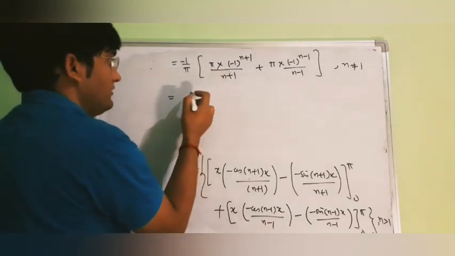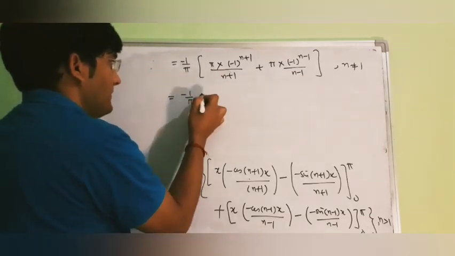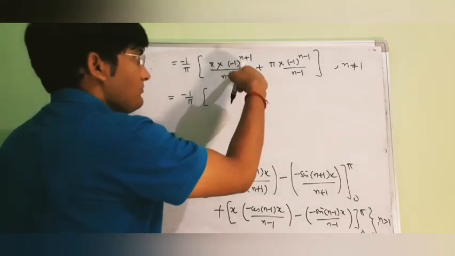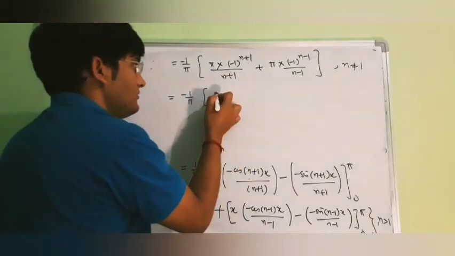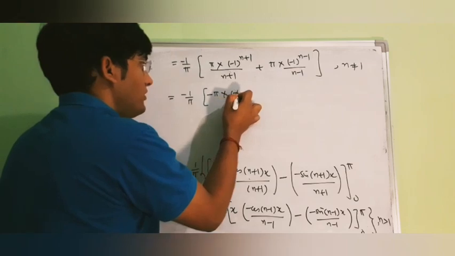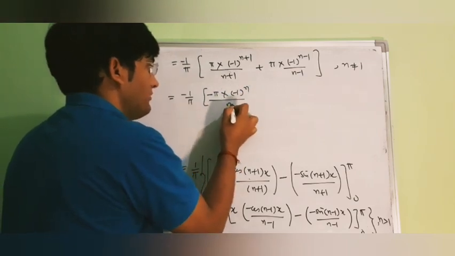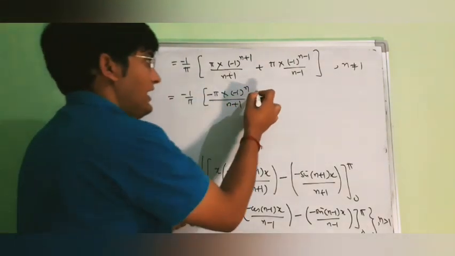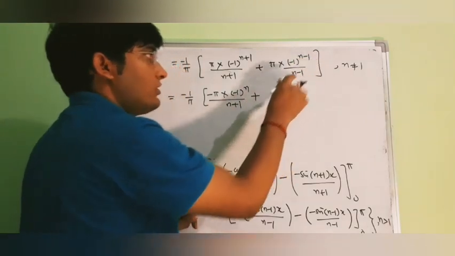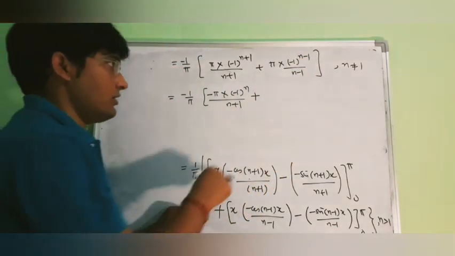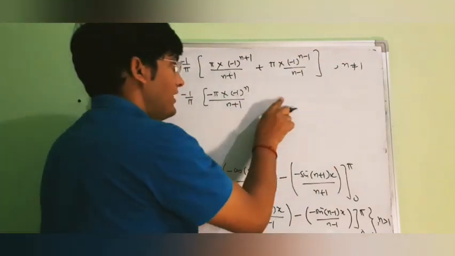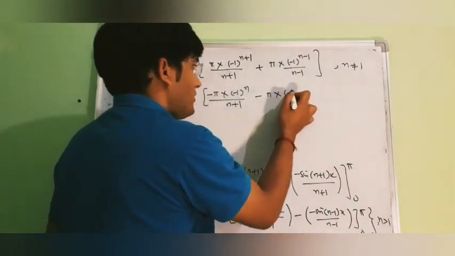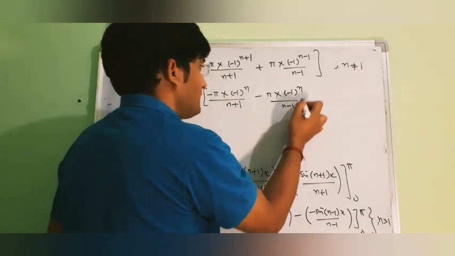Now this minus 1 to power n plus 1 is the same as minus pi into minus 1 power n divided by n plus 1, and minus 1 to power n minus 1 is the same as minus 1 to power n times minus 1, so this will be minus pi into minus 1 power n divided by n minus 1.